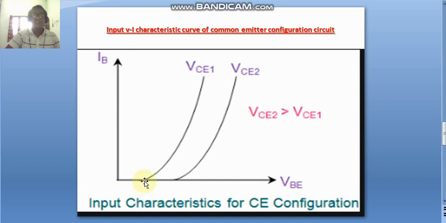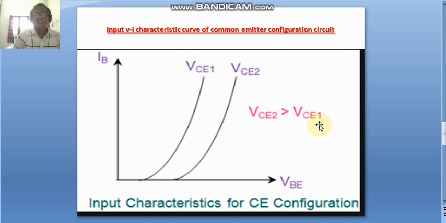For the first reading we get the first curve, and for the second reading we get the second curve. VCE2 must be greater than VCE1, because when we repeat the experiment we vary the voltage from minimum to maximum value, so naturally VCE2 is greater than VCE1.